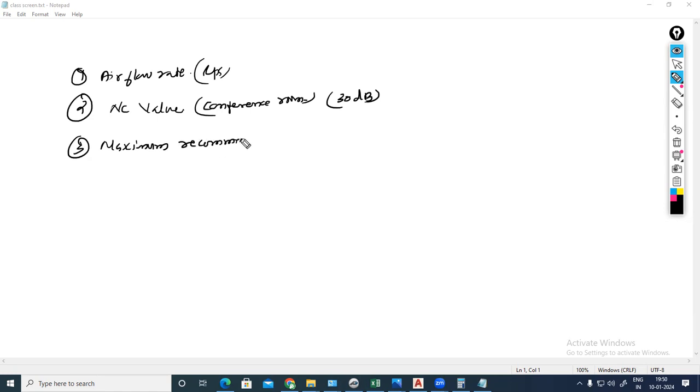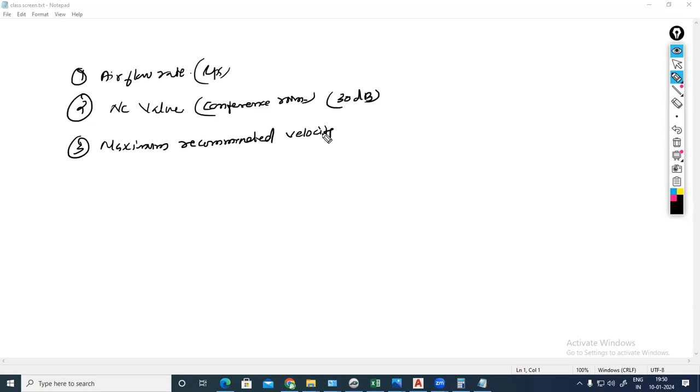Maximum recommended airflow velocity in the main duct. Not branches or run out, in the starting branch. Maximum recommended velocity, because in the starting branch, if the velocity is okay, all the other branches will be fine. In the direction of airflow, the duct dimensions will be decreasing, and at the same time velocity also.